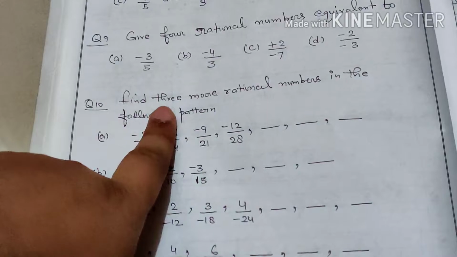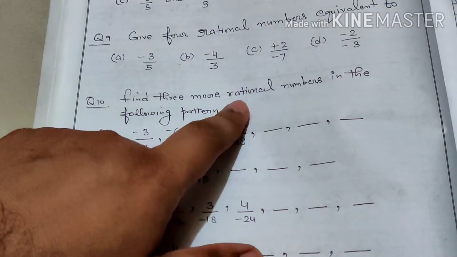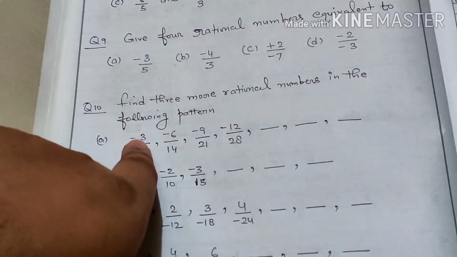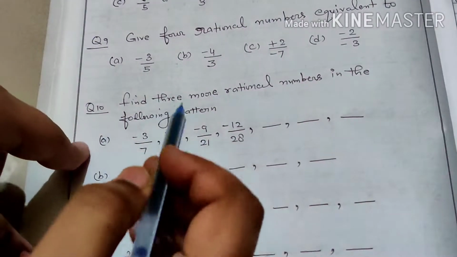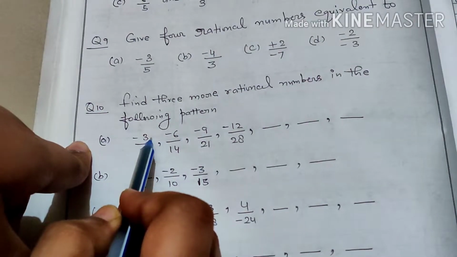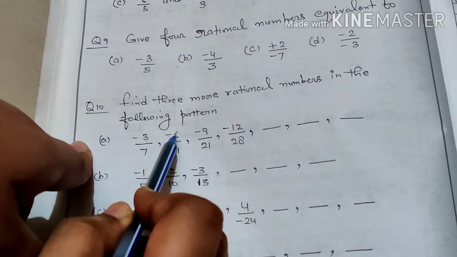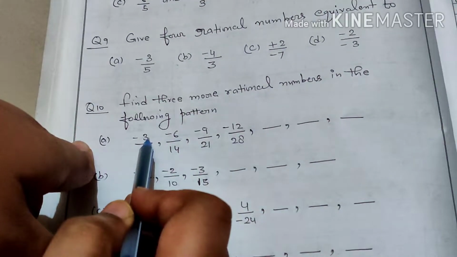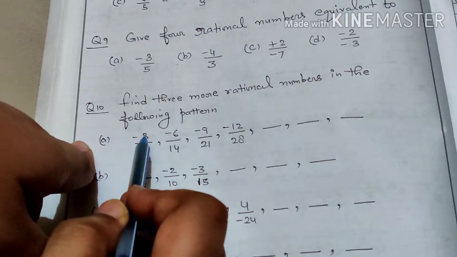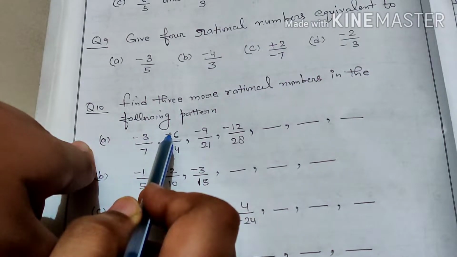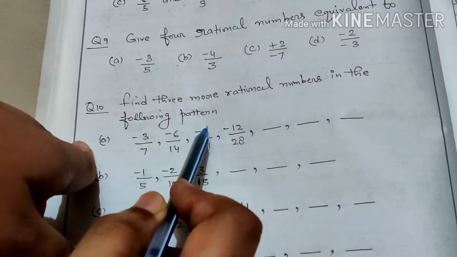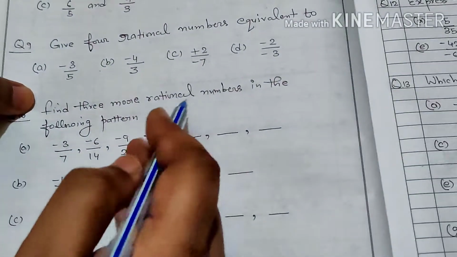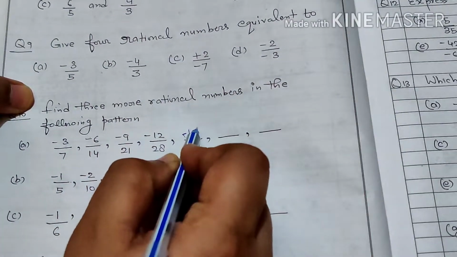Now find the three more rational numbers by finding the pattern. So what we have to do is just find the pattern. For example, see the numerator: -3, then -6, then -9, then -12. So -3 is added each time. Now what is the next? -15.